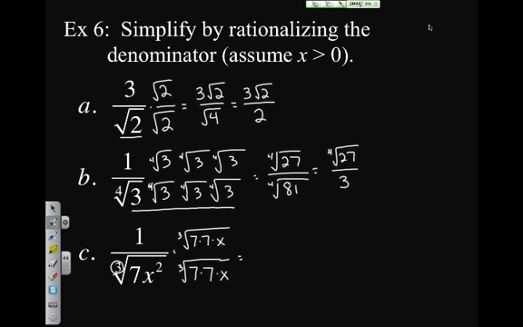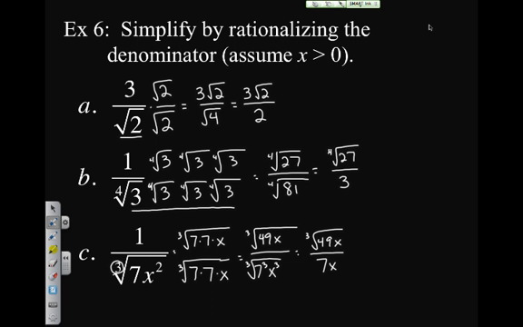And that gives us the cube root of 49 x over 7 times 7 times 7. Rather than multiplying that out, I know that it's 7 cubed, and this will be x cubed. So our denominator is 7x. The numerator is still the cube root of 49x.